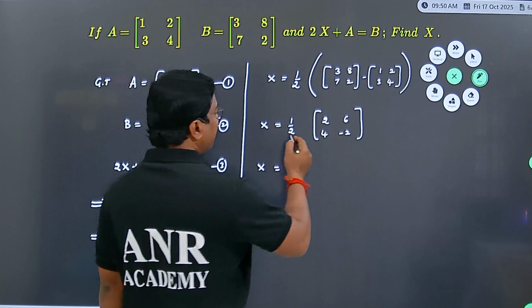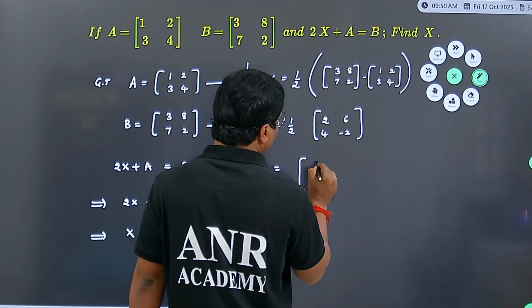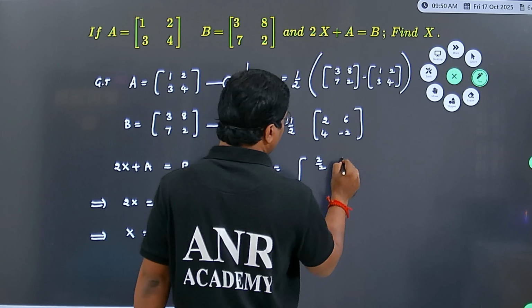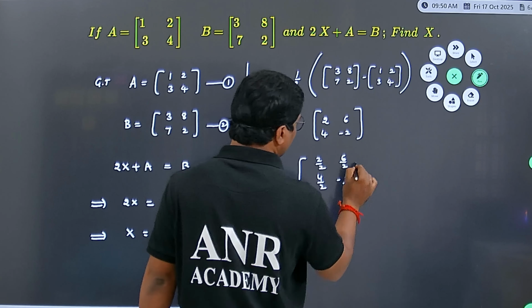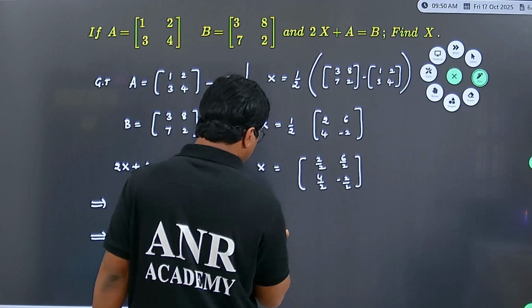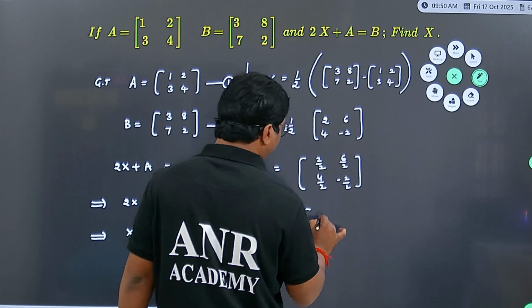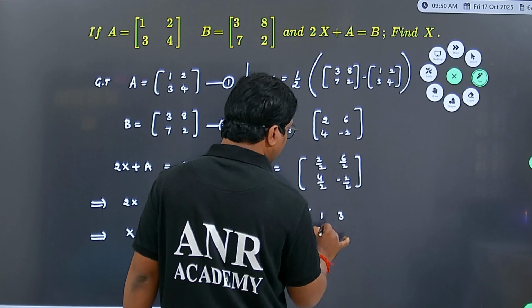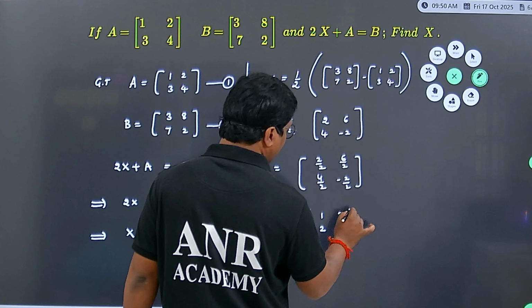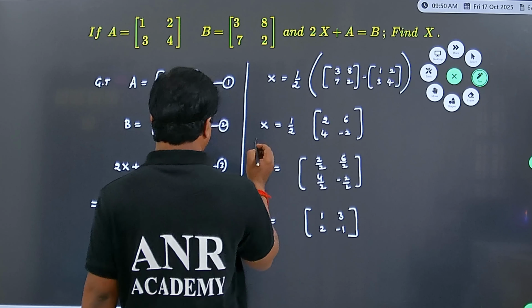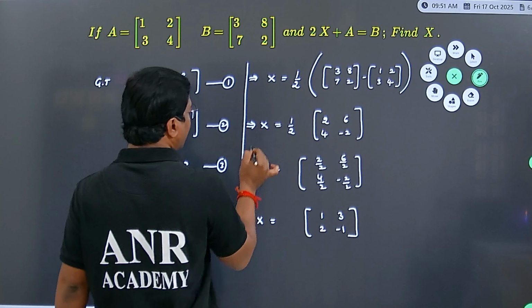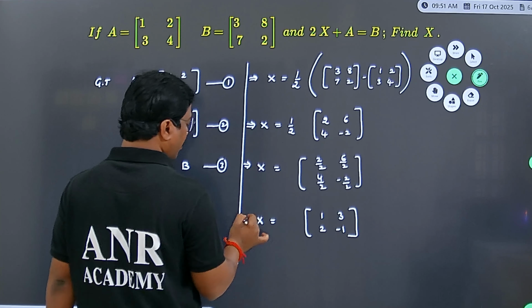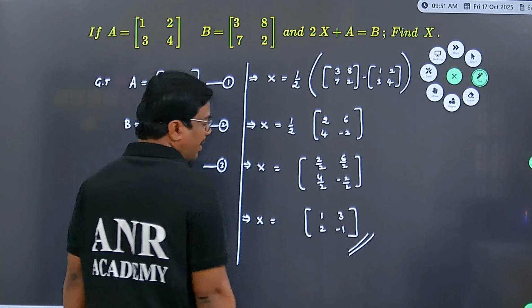If you divide each and every term by 2, it is 2 by 2, 6 by 2, 4 by 2, minus 2 by 2. And hence capital X becomes 1, 3, 2, minus 1. This is capital X.